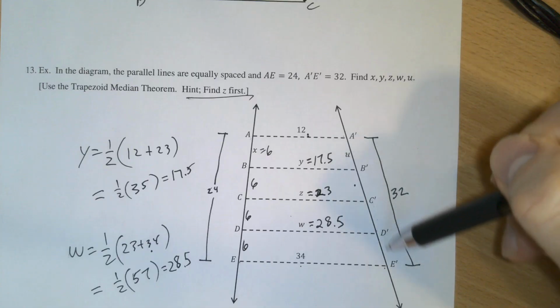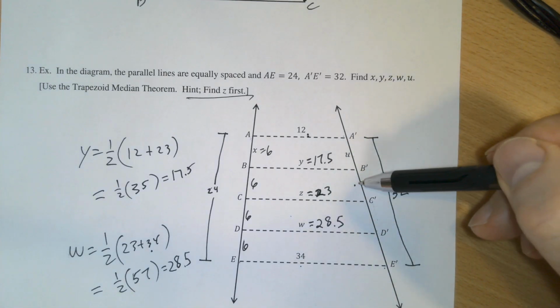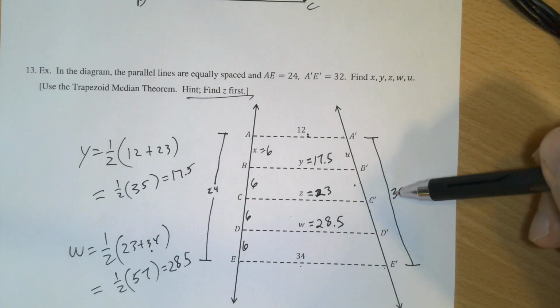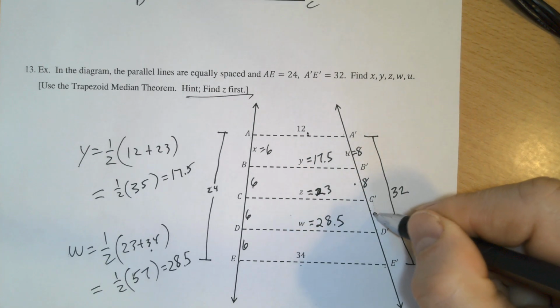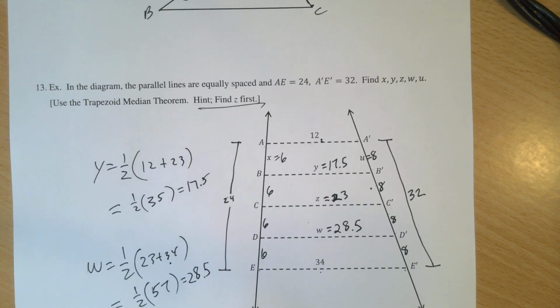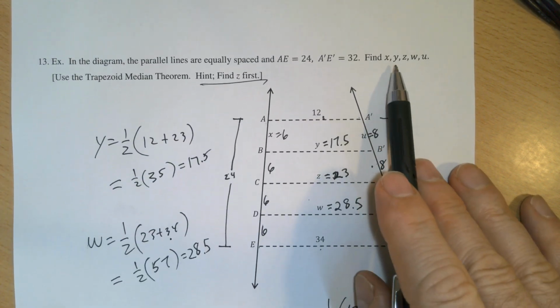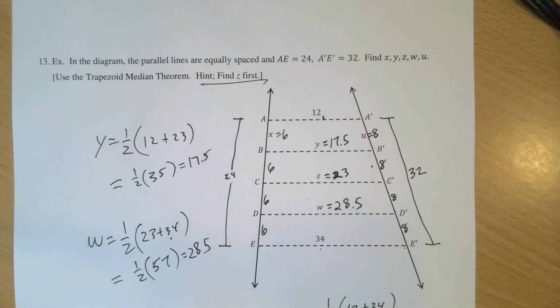And this one is simply length 32, and they're equally spaced, so we have 1, 2, 3, 4. So 32 divided by 4, u is 8. That's an 8, that's an 8, and that's an 8. So we figured out what x, y, z, w, and u were, and that was what was asked for.